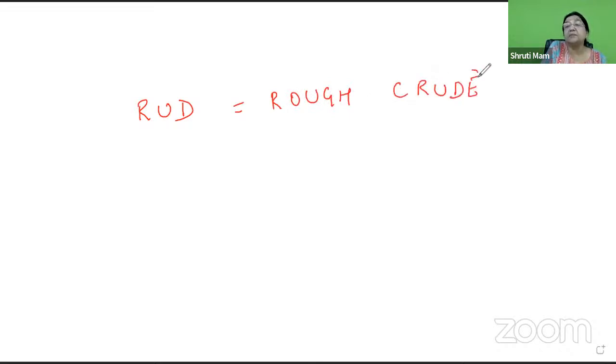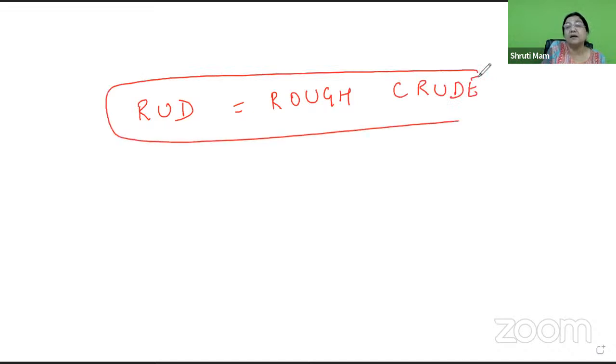So the last one we're doing, and you'll be surprised how the word originated, rude. Meaning is rough, or it can also be very rough or crude. Rudimentary word comes from there only. Rudimentary, from the base level, very crude, not polished.